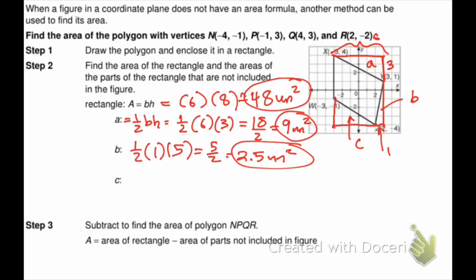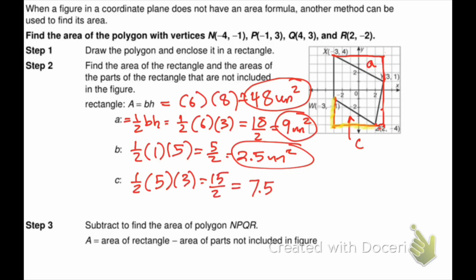Now we're just left with C. Well, the base of C is 1, 2, 3, 4, 5. The height is 1, 2, 3. So 1/2 times 5 times 3. That gives you 15 over 2, 7.5 units squared.